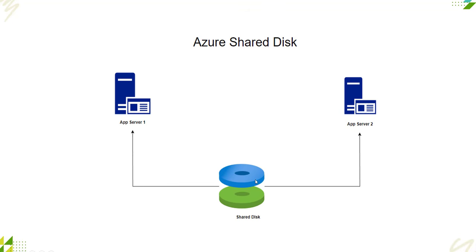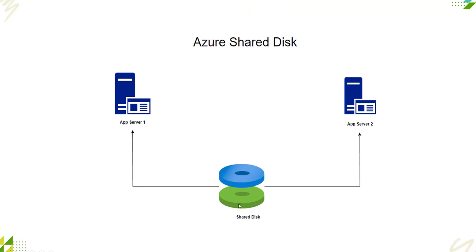Now, how does shared disk work? Suppose you have two application servers, app server 1 and app server 2. Each app server has its own OS disk. However, the database is on a disk called the shared disk.